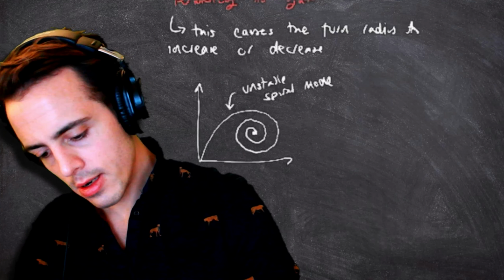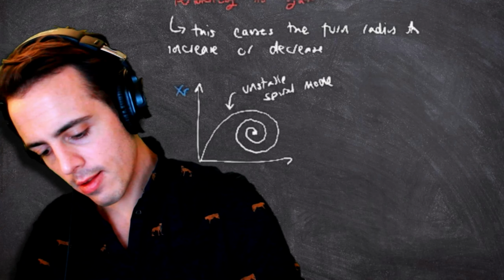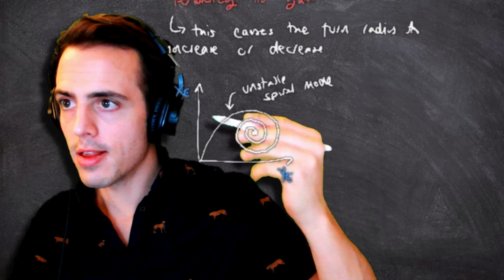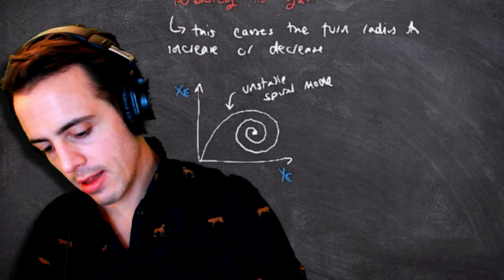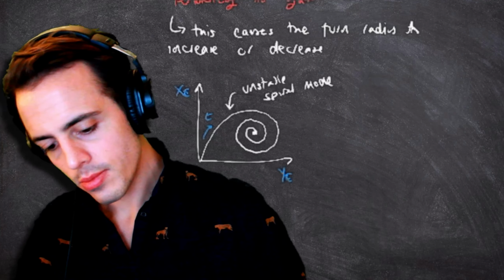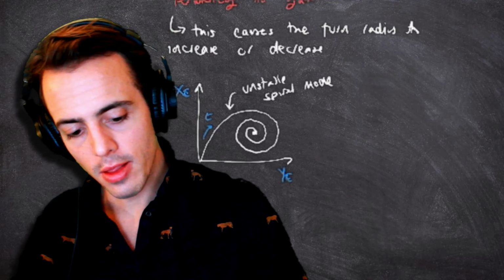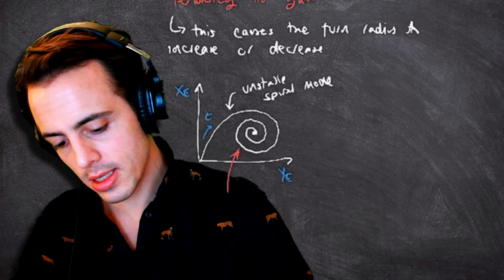So let's just narrate these. Let's say this is XE, this is YE, and this is then the aircraft position with increasing time. To be unstable, the aircraft has this tendency to turn in a direction that makes the turn tighter and tighter.